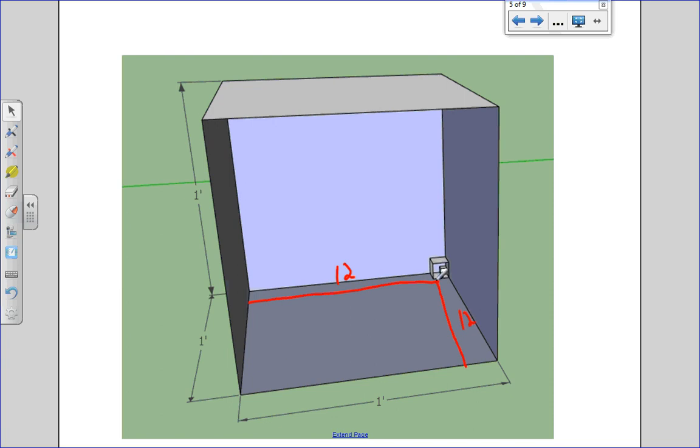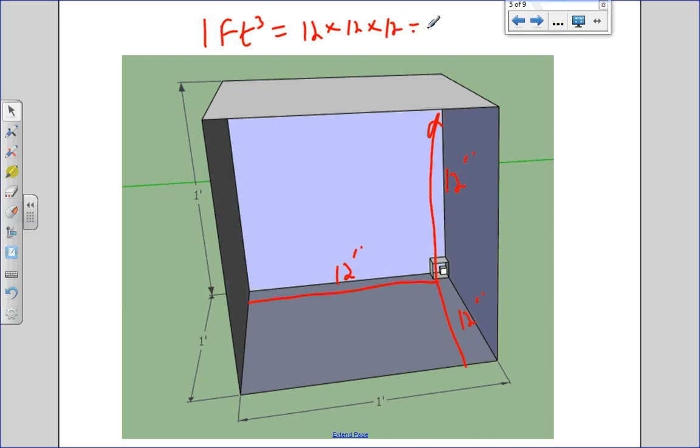And then I would have to stack those inches 12 high in order to completely fill the cubic foot. So what I am saying is that 1 cubic foot is the same thing as 12 inches by 12 inches by 12 inches. So if I want to see how many cubic inches there are in a cubic foot, I'd have to multiply 12 by 12 by 12 to get that answer.